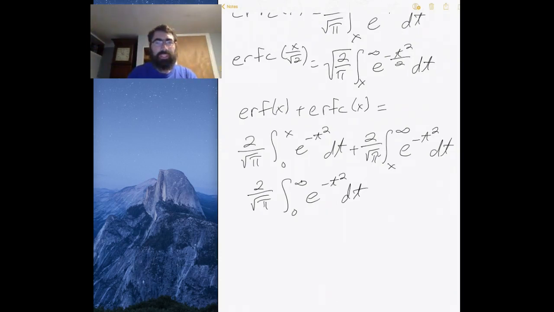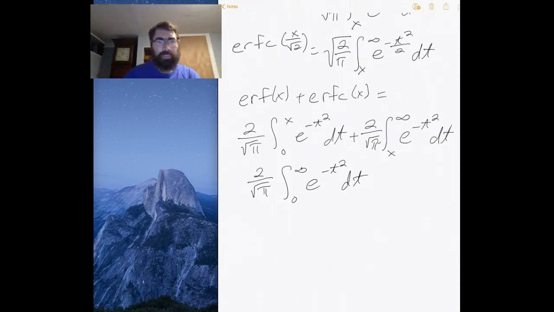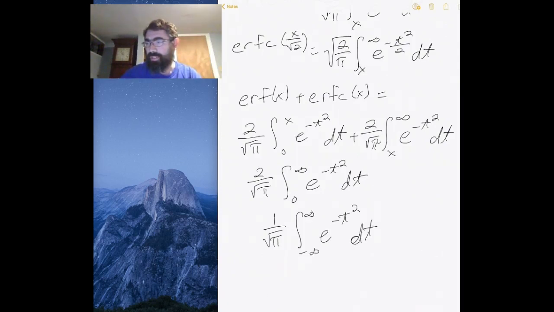which, so what I find is that this is a symmetric function, or it's an even function, and so I could take the 2, I would have 1 over the square root of pi, and take away the 2 and make that minus infinity to infinity, e to the minus t squared dt.